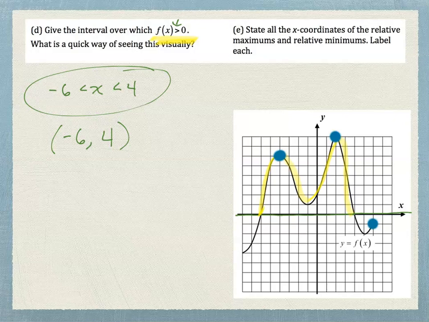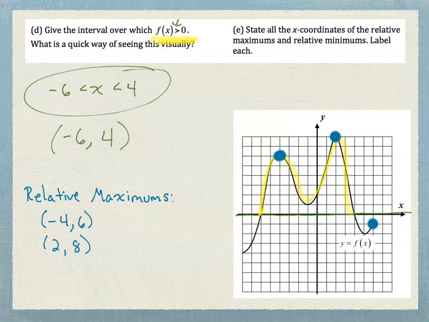Our relative maximums are the points (-4, 6), (2, 8), and this endpoint, which we can count as a relative maximum, (6, -2).